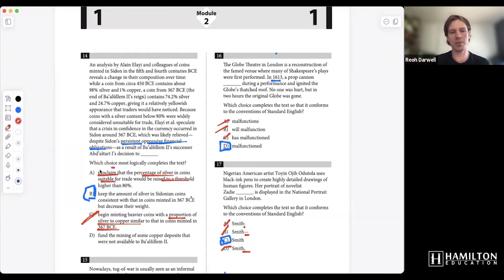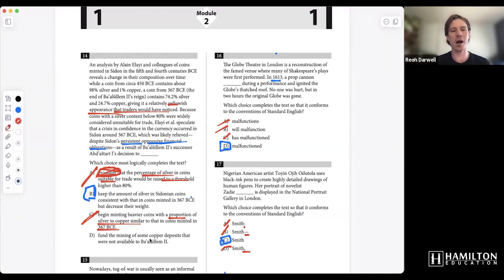This word proclaim isn't sufficient, right? Why? Because traders can tell, because there's a yellowish tone. So just proclaiming, hey, these things are good, trust me, when they clearly are yellow isn't sufficient, right?